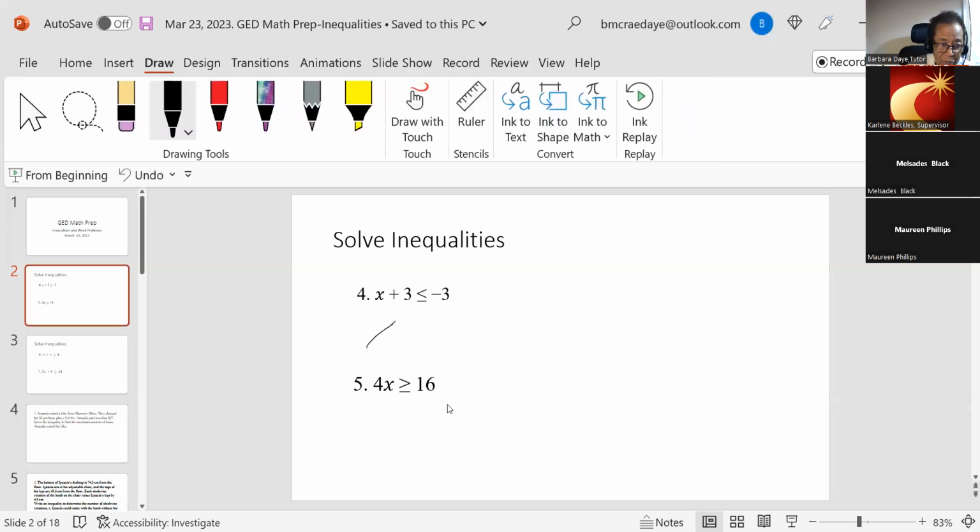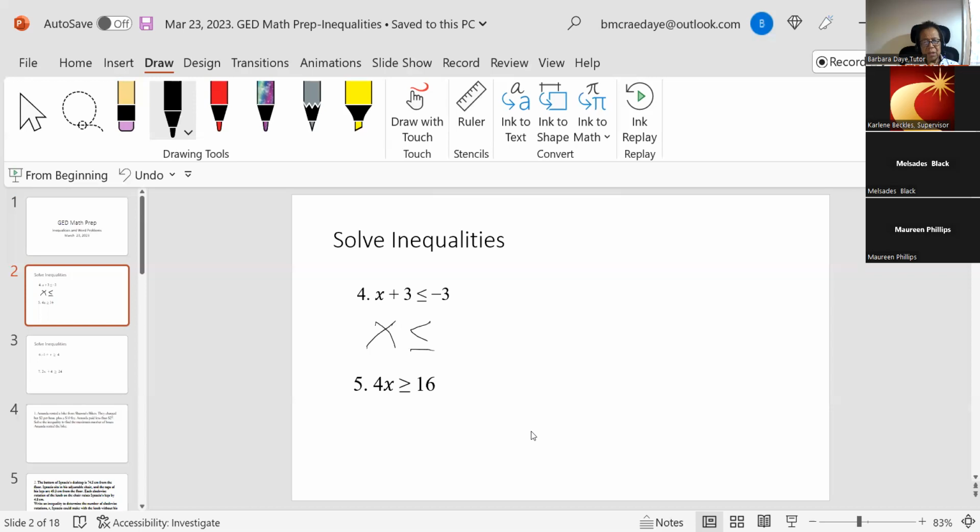Okay. X on the left, less than or equal. What do I have on the right side, Maureen? X plus 3 is less than or equal to -3.